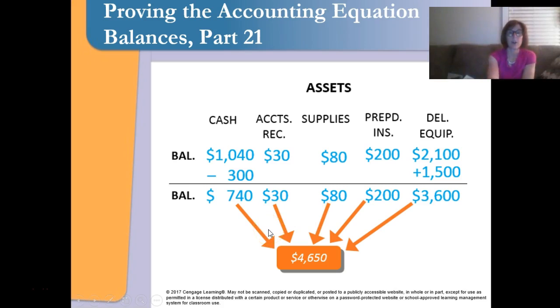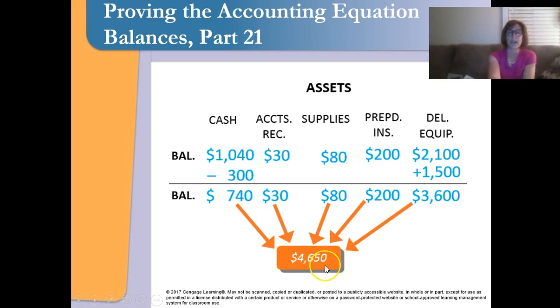And so if we now look at our whole asset picture, we can see from this new transaction, our cash went down by 300. So we now have a total of 740 in cash. The only other asset account that was impacted was we now have to add in the 1,500 in delivery equipment we just bought. So now our delivery equipment total is now up to $3,600.